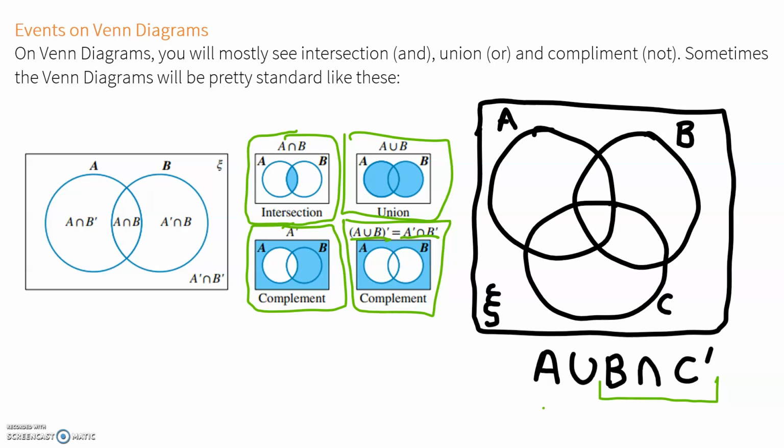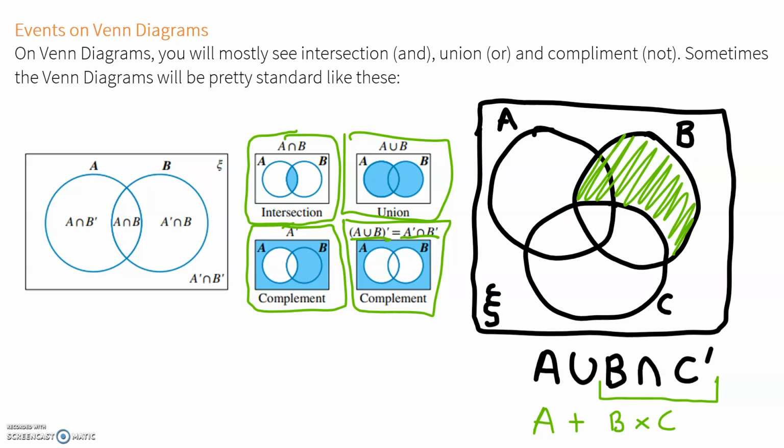It's kind of like order of operations, A plus B times C. So we're always going to group those ones with and. And so B and not C would be this area here.